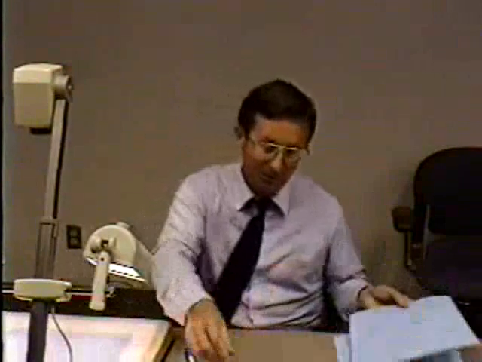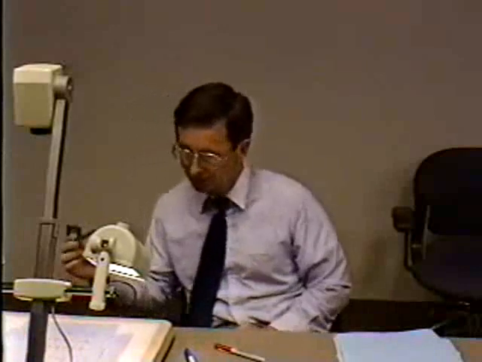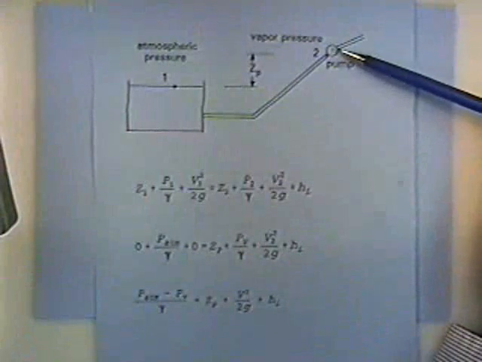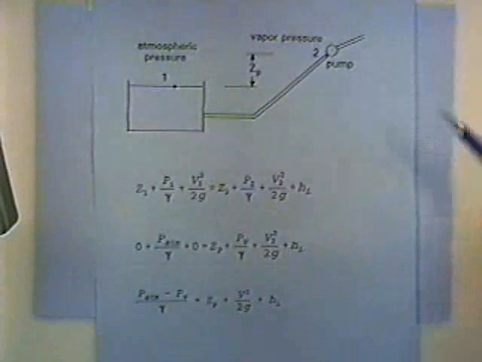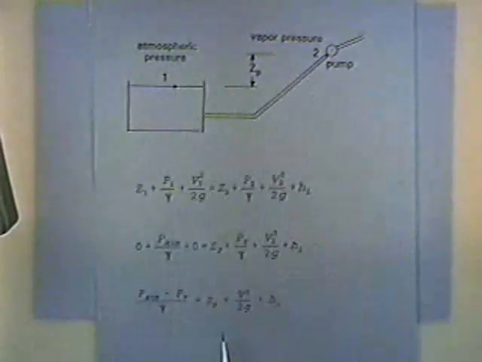As a matter of fact, on the next page of the notes, this is sort of a general problem. Instead of using a specific set of numbers, I've just repeated the problem in general, and so you can solve any problem involving pumps and how high they can be, or the discharge rate they can be at before the cavitation problem occurs. So you just write the energy equation between point 1 and point 2.